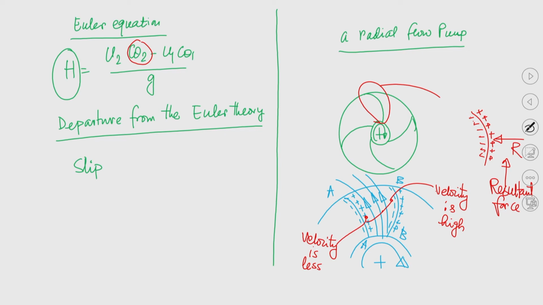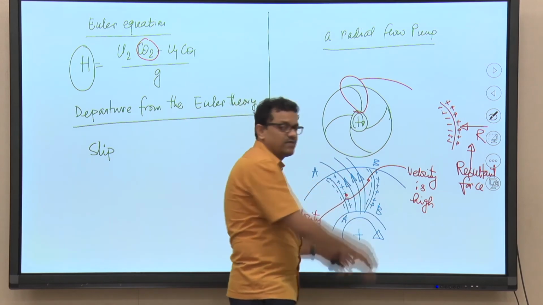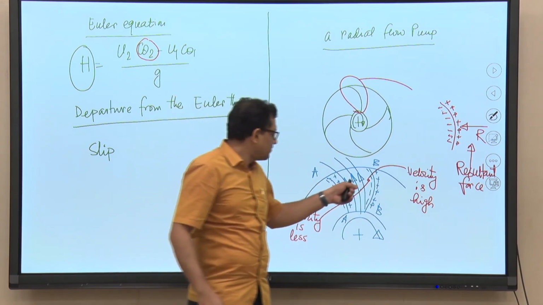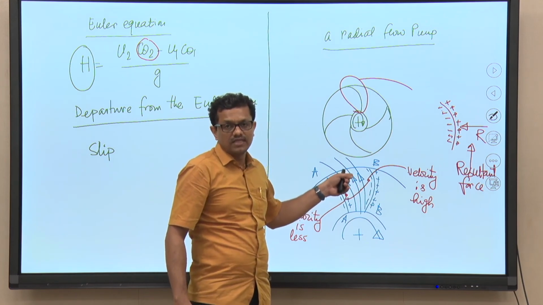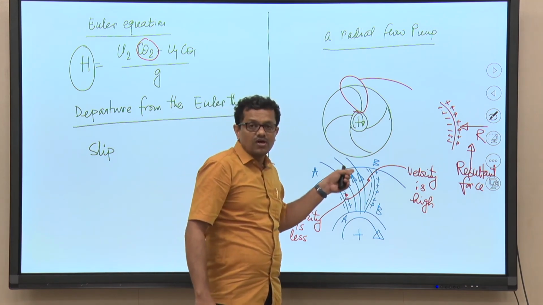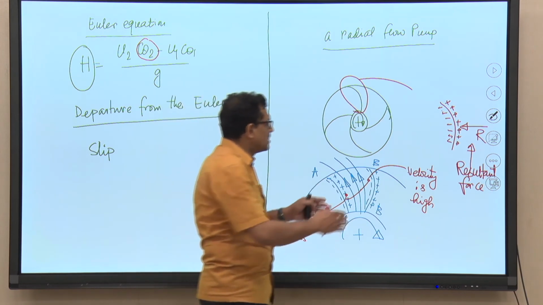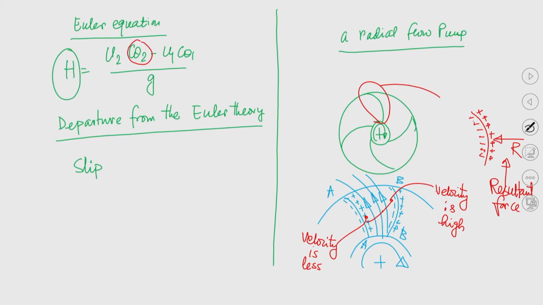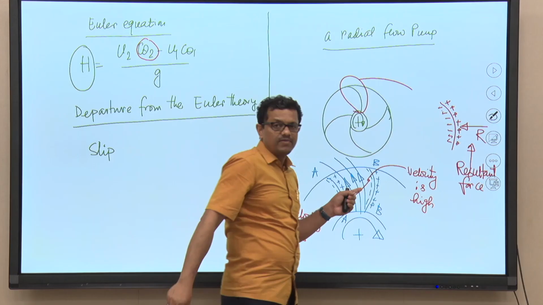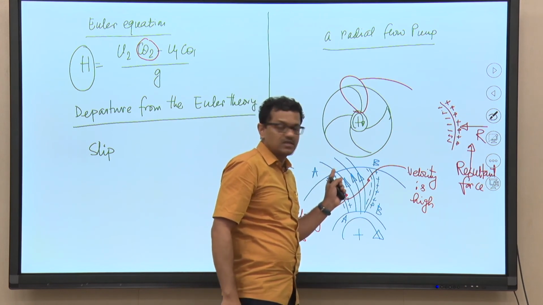Hence, the departure of the Euler head because of this non-uniform velocity distribution does not represent a loss, since this is not caused by the fluid friction. So, we can see the resultant force is acting on the convex side, pressure is high, velocity will be less, concave side pressure is less, velocity will be high, there will be a velocity gradient in the flow passage.